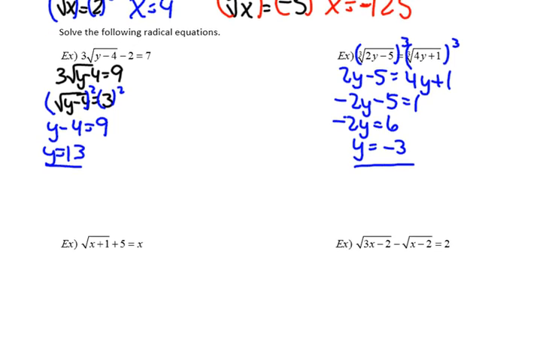Now, let's take a look at the other two examples here. So, on the bottom left, I want to get the square root by itself. So I'm going to subtract the 5. Now, I want to square both sides.